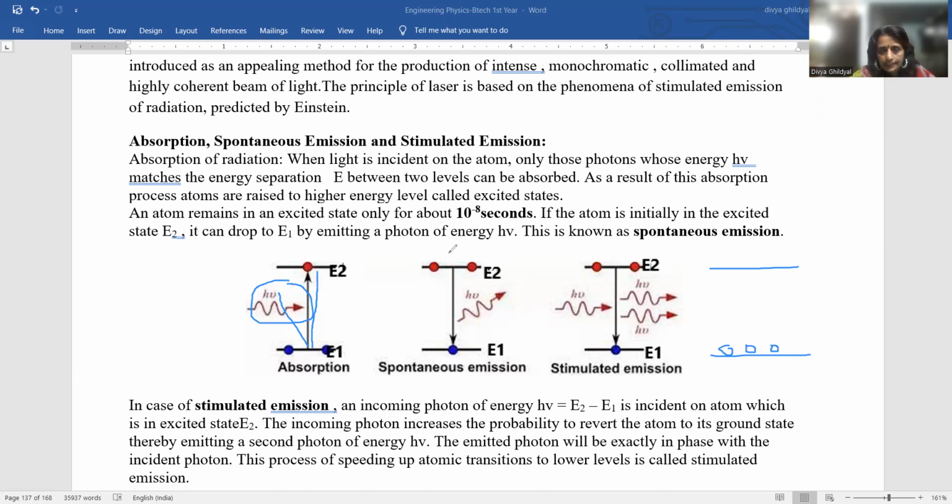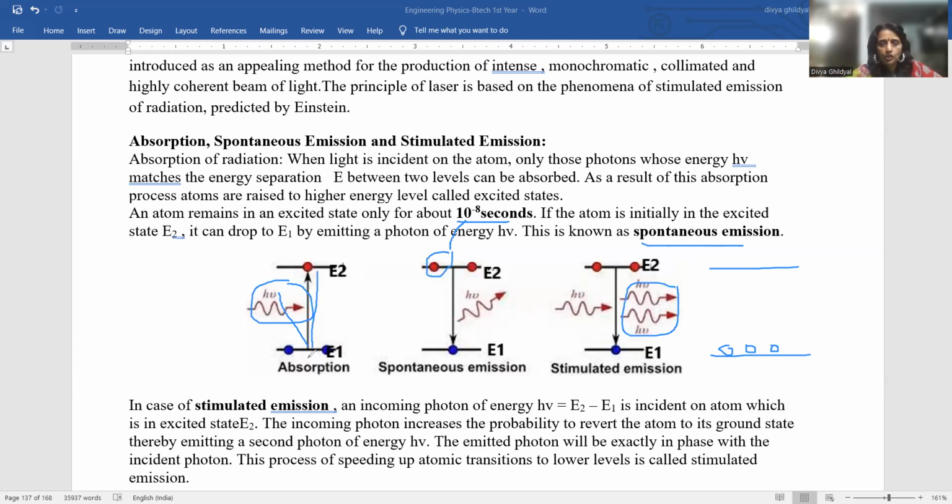Here at the excited state, they stay for 10 to the power of -8 seconds, and then they drop down. While dropping down, they emit light. This process is known as spontaneous emission. The word spontaneous means happening on its own.